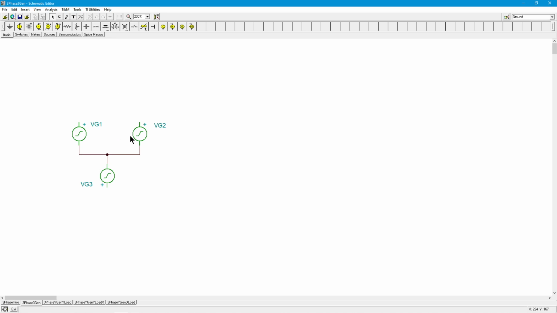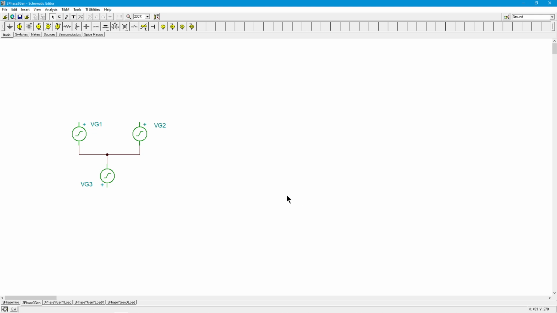So what I always recommend you do, and you're going to see this again and again when we talk about loads and delta configurations and so forth, is think in terms of this little circular clockwise motion around a center point. So as you're going on the outside here, it's plus, plus, plus. That's what you want to see, plus, plus, plus as you're going around, okay? All right, so that's how we would configure this, and I would have my 3 lines coming out.